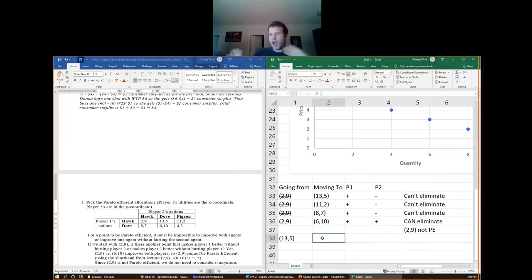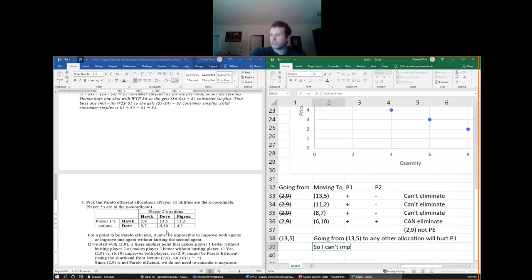Easier than that. I know that 13.5 is the best that player 1 can do. There's no other allocation that matches or improves upon 13.5. So I could go step by step, and you might want to if you're unsure. But I know that going from 13.5 to any other allocation will hurt player 1.